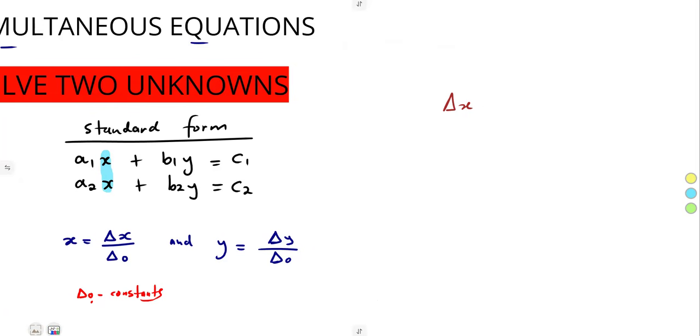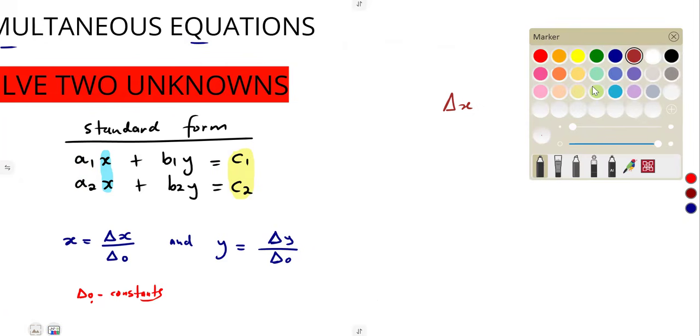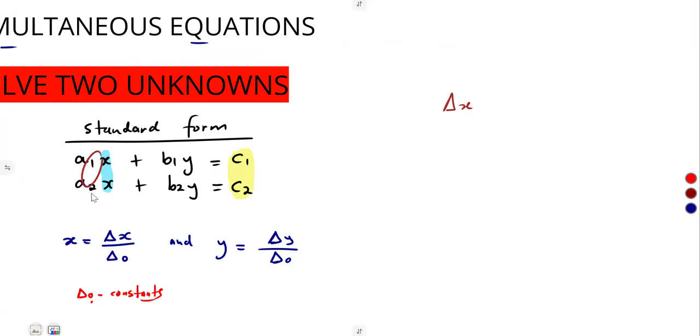So in actual sense, you are supposed to take what is representing x here, which is a1 and a2, the coefficients. But we are saying we are going to replace that part of x with constants. And these are the constants c1 and c2. So for delta x, you remove the part of x and replace it with constants, c1 and c2, in that order.